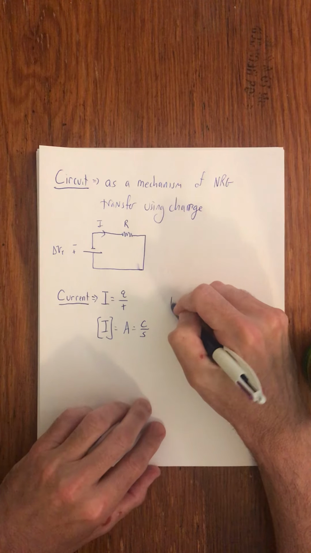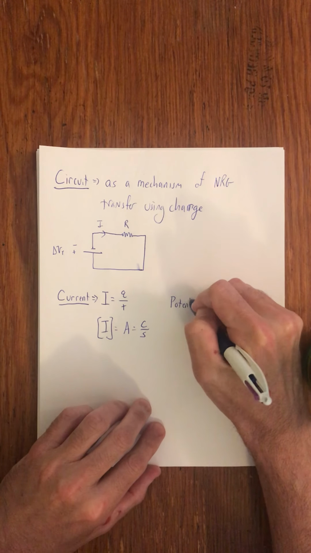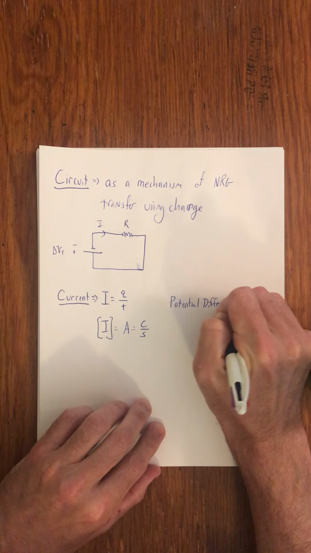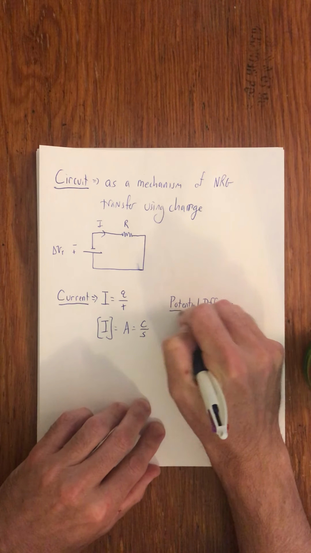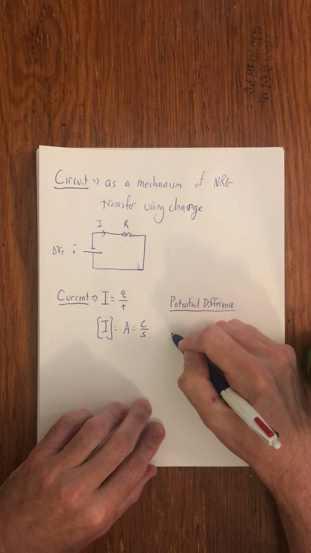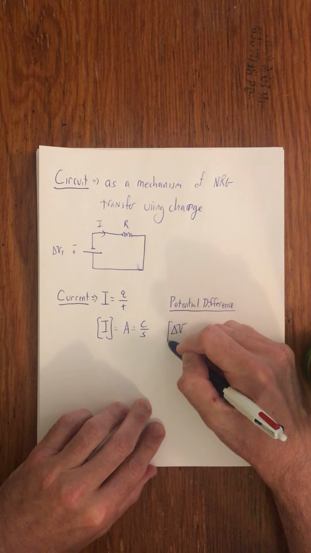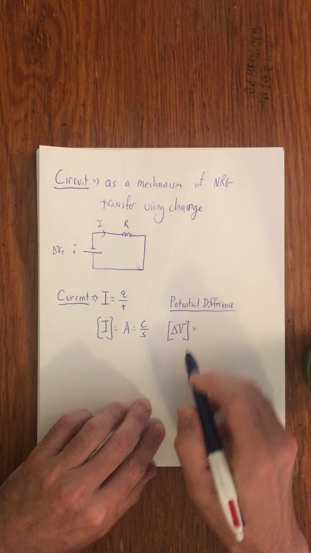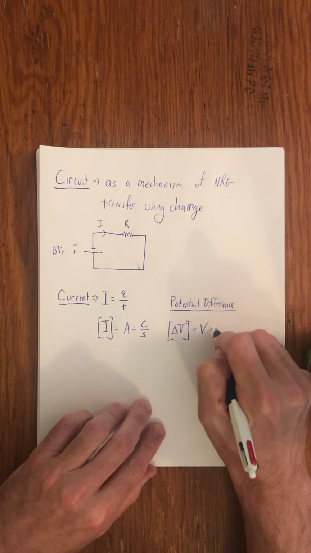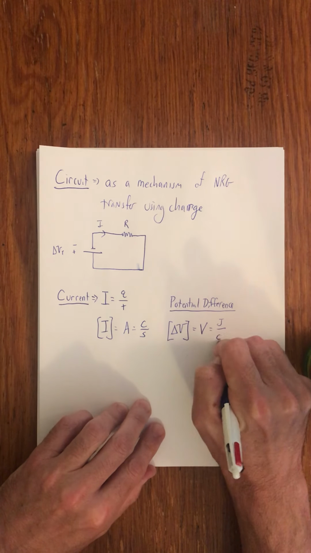And the other thing I want to mention is the concept of potential difference. Potential difference is the change in energy per unit charge, or the work done per unit charge. The units of delta V are the volts, which is a joule per coulomb.